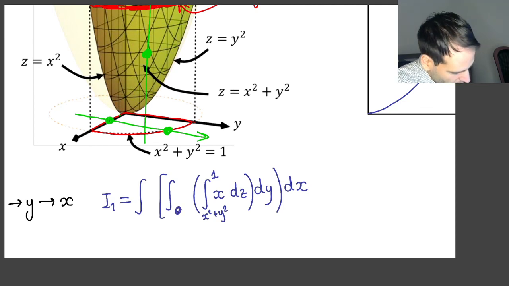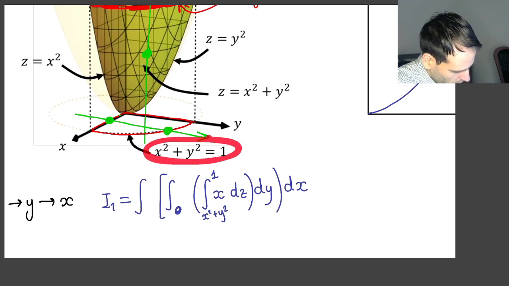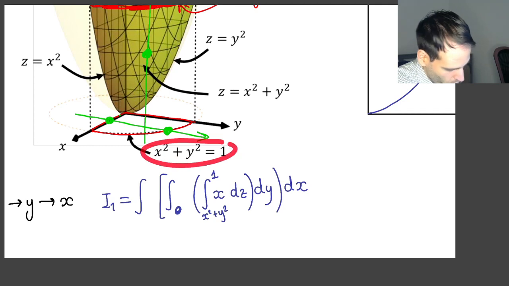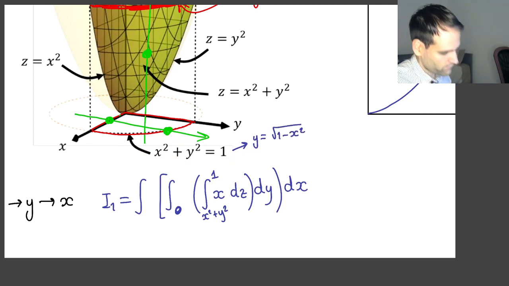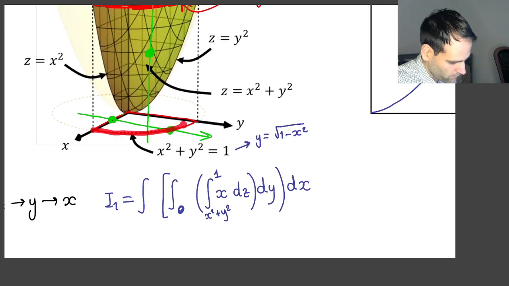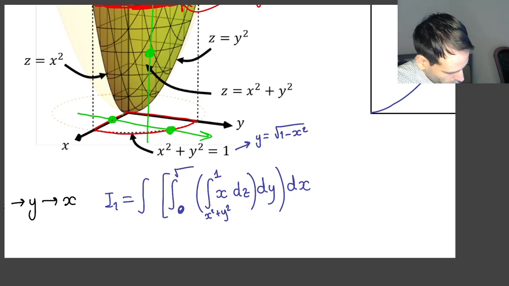And it exits the region of integration when y is what? I need to solve this equation for y. So y equals the square root of 1 minus x squared, right? I have solved for y in the equation for this circle. So that will be the upper limit, square root of 1 minus x squared.